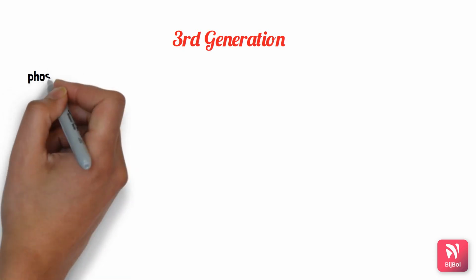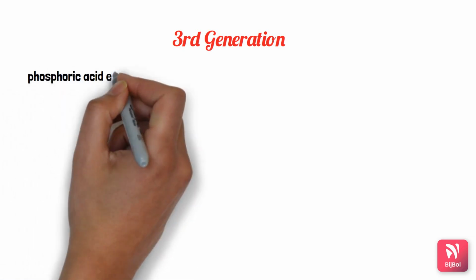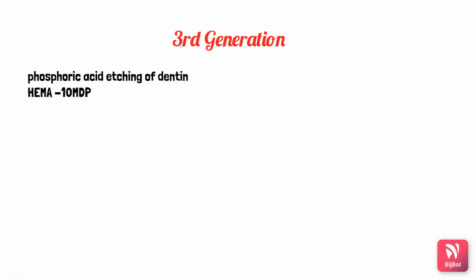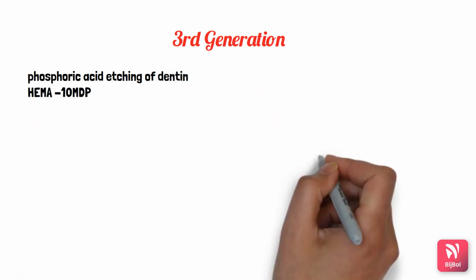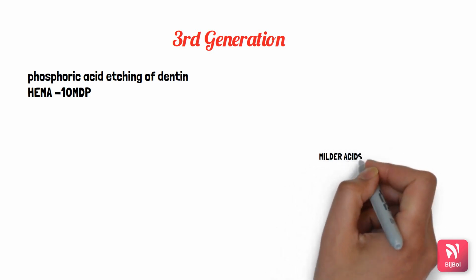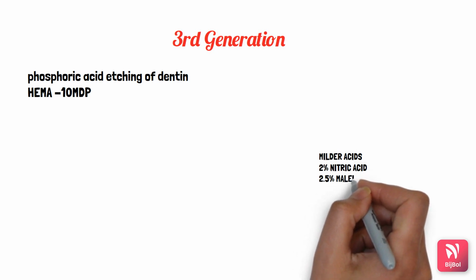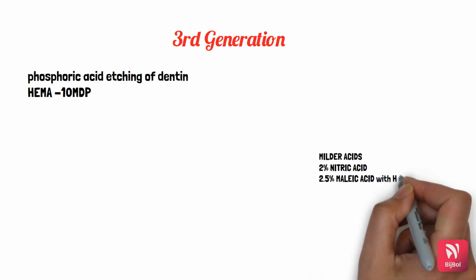Now we'll observe the third generation dental adhesives. They attempted to deal with the smear layer as well as with the dentinal fluid. The idea was to avoid the aggressive etching of the dentin because of the concerns that acid etching of the dentin can cause pulpal inflammation.